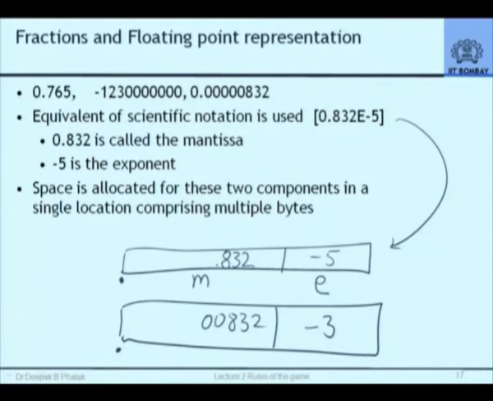A digital computer cannot afford this kind of luxury. So although this representation is called a floating point representation, internally what the computer does is, it always fixes the point at the beginning of the portion of bits allocated to mantissa. And it always ensures that the first digit is non-zero.